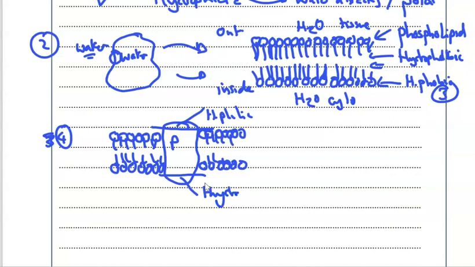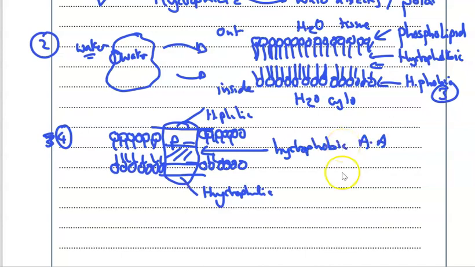Whereas the section of the protein which is in the center of the membrane, this zone in here, would have to be hydrophobic, which is to say that the amino acids in that area would have non-polar, non-charged R groups, whereas the amino acids in here and here, their amino acids could be polar and charged.